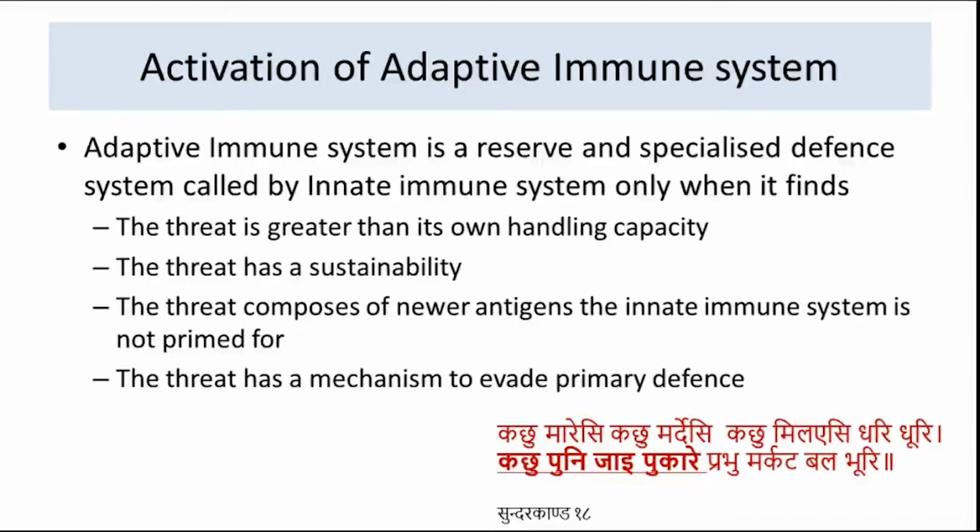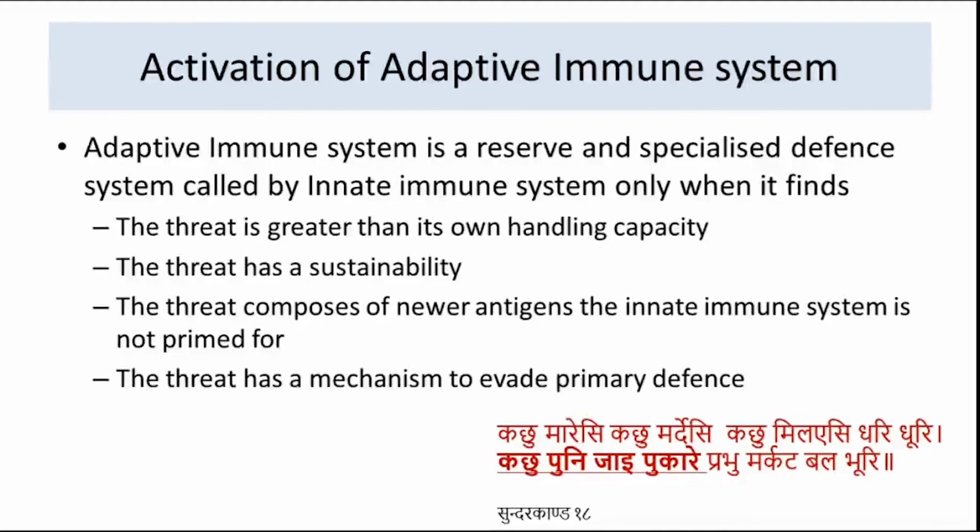Initially, when a pathogen invades the body, it is the innate immune system which starts operating. But the moment it sees that possibly the innate immune system is not really able to handle the kind of pathogen or kind of antigens which are invading the body, it immediately alerts the higher immune system, or the next level of defense.